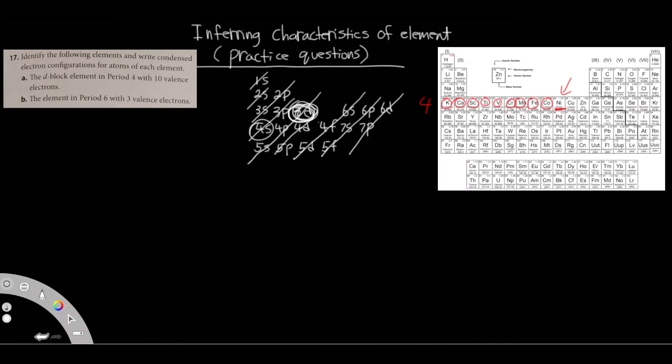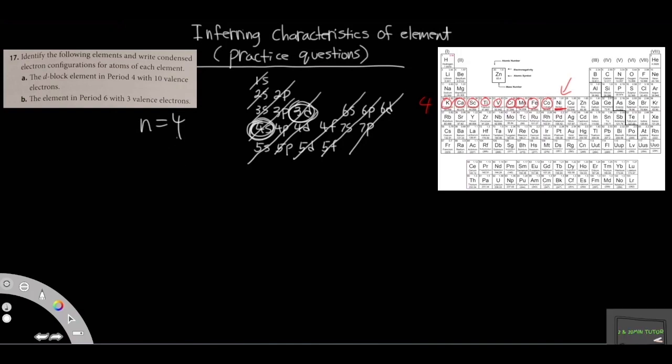It might not necessarily do so. You have to establish where the starting point is, and the starting point is going to be the highest principal quantum number. As soon as it says period 4, you know that's the highest principal quantum number. That's n equals 4. You must start here, and then from there you can start adding 10 valence electrons.